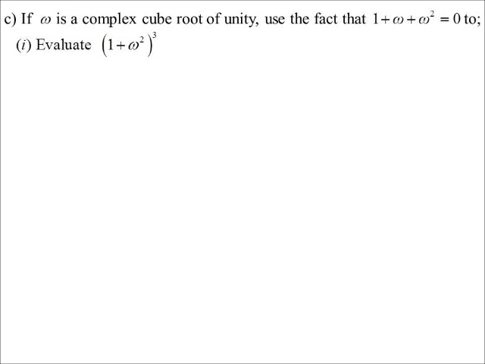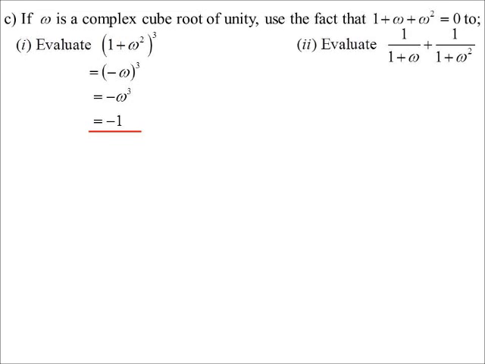I can rewrite 1 plus omega squared as minus omega, and it's still cubing it. So now all I'm saying is, what is minus omega cubed? Oh, well, omega cubed is 1, answer's minus 1. Now, had I expanded the whole thing out, you still would have got minus 1. But obviously, there's a lot more terms to play with there.